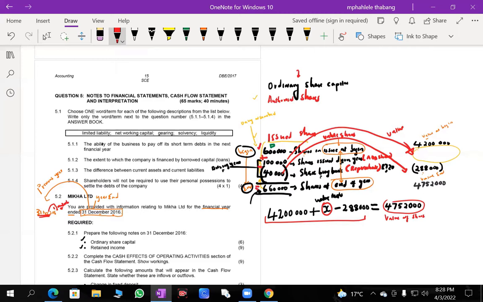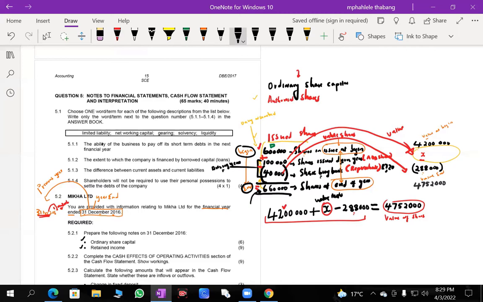I start with 4,200,000, add the shares issued during the year, which I don't know, and subtract 288,000, and I should get 4,752,000. With a little help of algebra, I should solve for X.